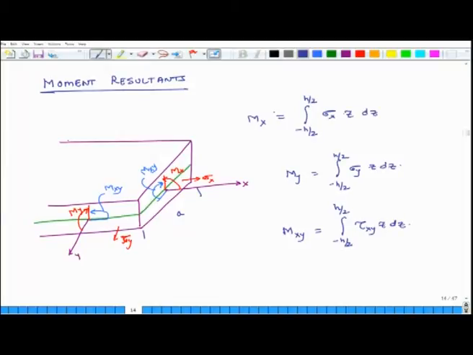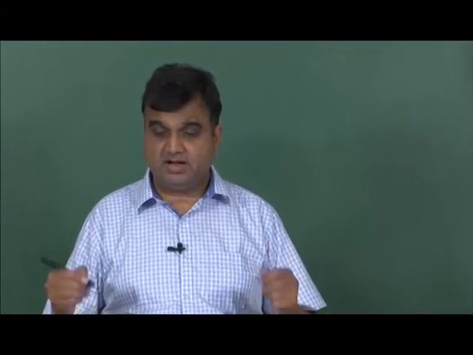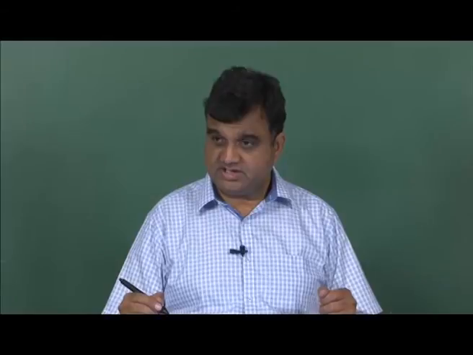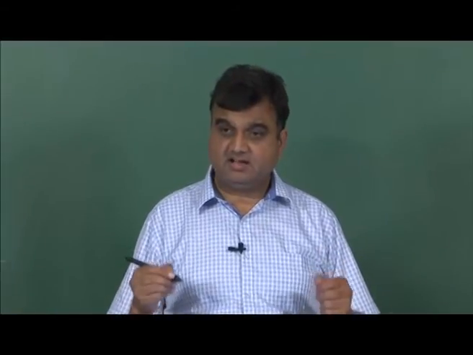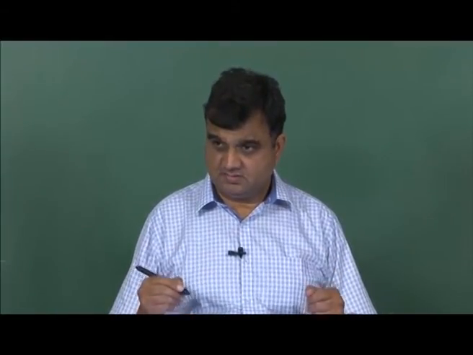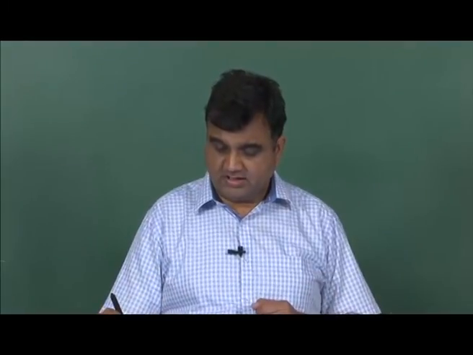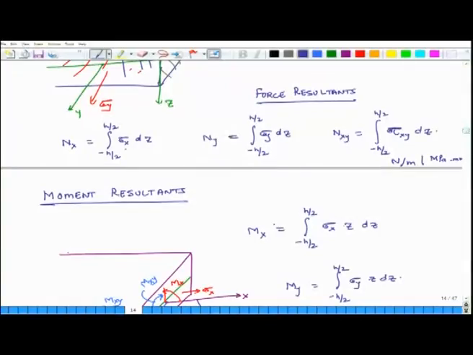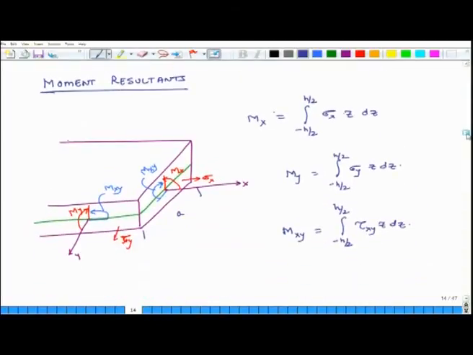So, essentially what we are calculating right now are forces acting on a plate per unit length on each edge and moments acting per unit length on each edge. Forces per unit length are defined by n's, which are integrals of sigma x dz, sigma y dz, and tau xy dz, and moments per unit length are the integral of sigma x z dz, my is sigma y z dz, and mxy is tau xy z dz.